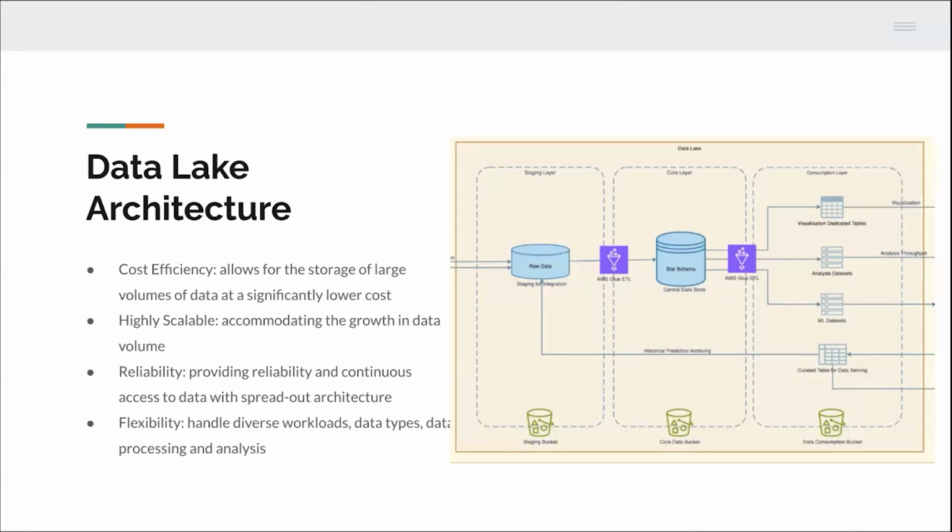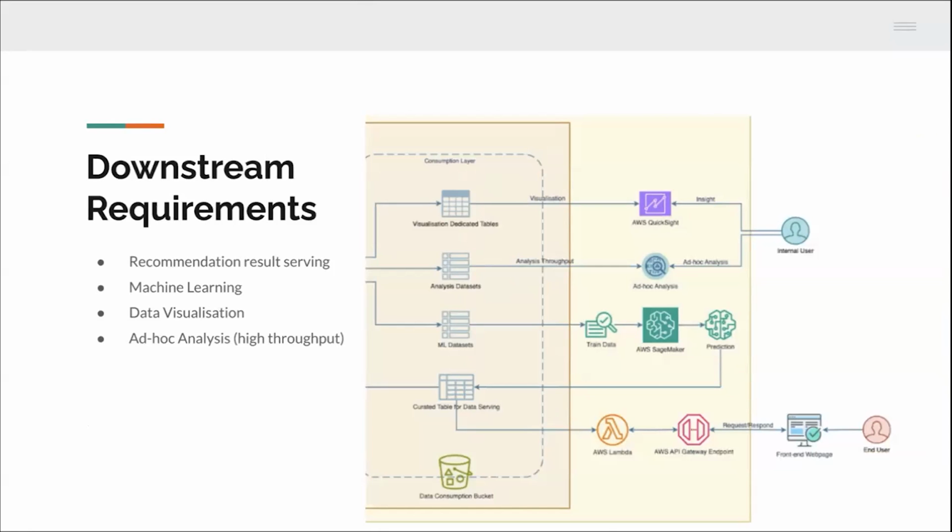And next slide, please. From here, let's start from the downstream requirements. The downstream requirements is we want data visualization, and we sometimes need to handle some ad hoc analysis requirements. And also we want to get the training data to train the model, and we have test data to optimize the model. And with the prediction results, we want to have them in our consumption layer, and then serve the recommendation results through an AWS API Gateway endpoint.